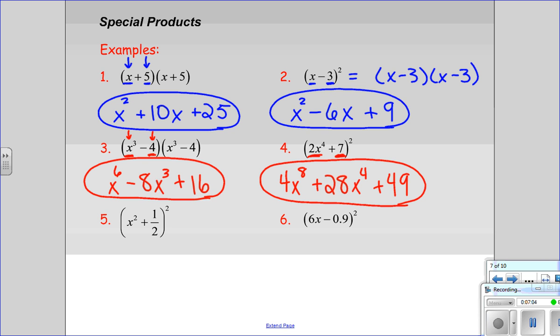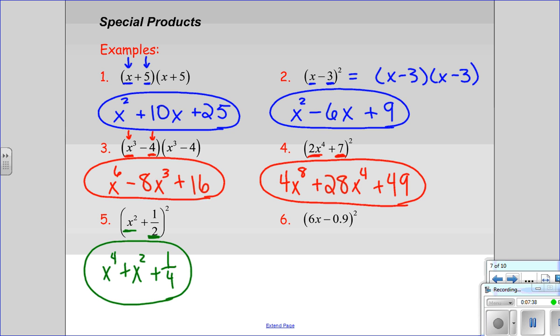And our last two examples include fractions and decimals, but the same rules apply. Square our first term, x to the 4th, multiply our first and second, and then double it. So we get 1/2 x squared. When we double that, we end up with 2 halves, and that is just 1. So we get plus 1 x squared when we double that. And then our last term is 1/2 squared, which is 1 over 4.